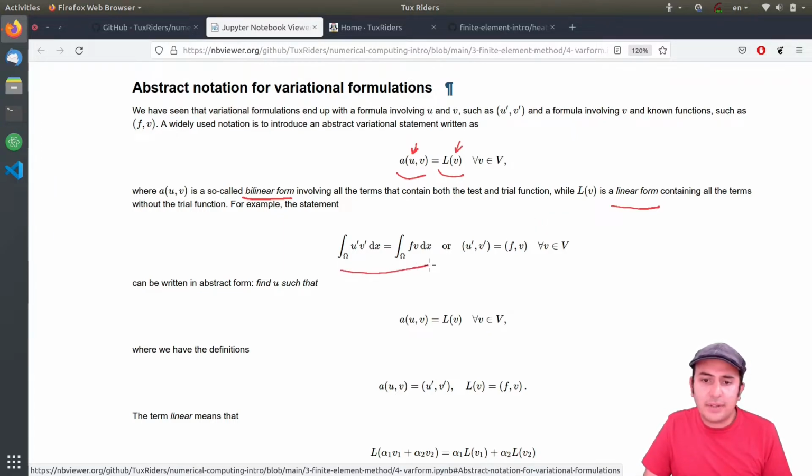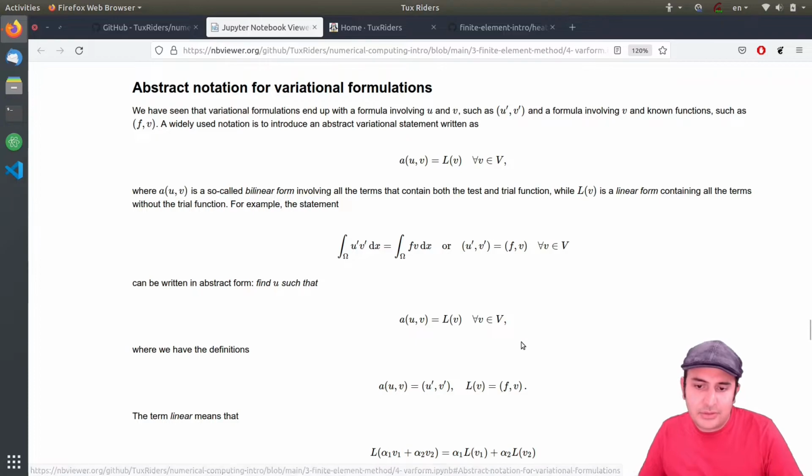So you can see that after integration by parts, because this is the equation that we wanted to solve, it becomes something like this. So a is this one actually, and L is this one. Really simple and very cool.